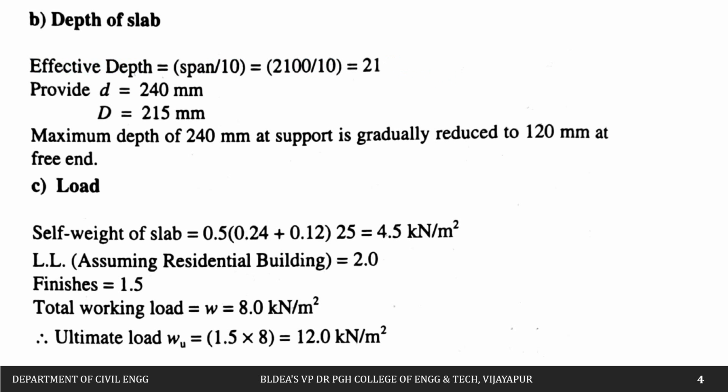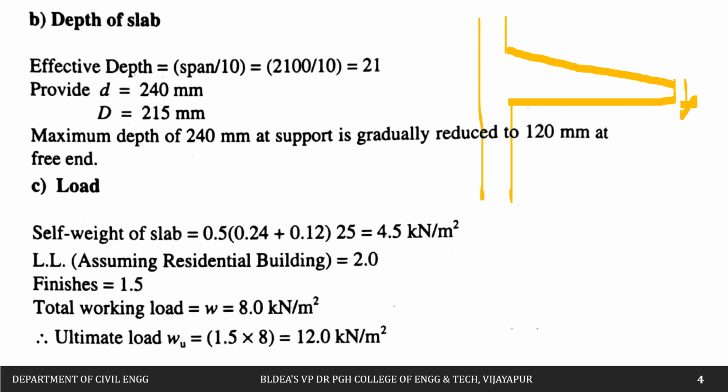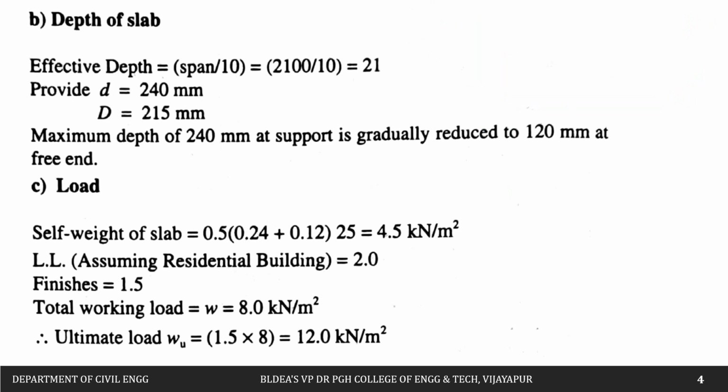So what we can do, we can provide two depths, like one trapezoidal section like this. Here we can assume a depth of 120 mm at the free end and 240 mm at the support end, near the face of the supports.